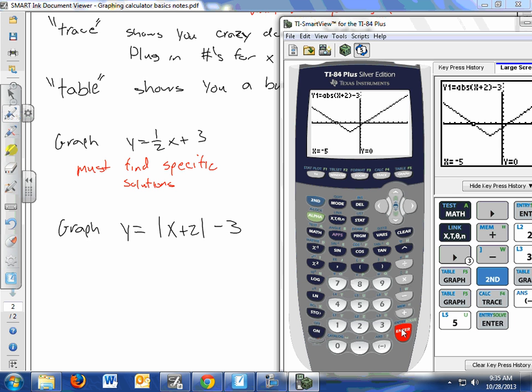Make sure it looks like a V too. The graph that you graph should look just like the graph you see on the screen.